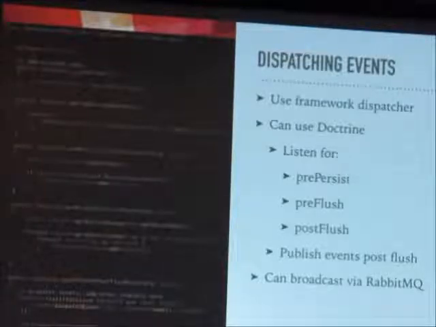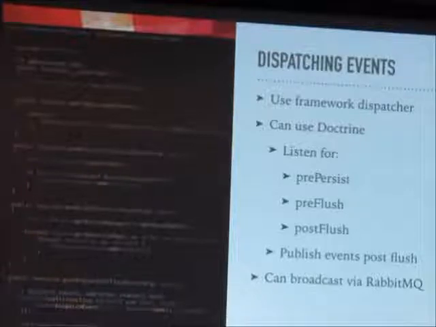The nice thing about doing it through Doctrine is that when we dispatch the events in the post-flush, everything's been committed. The whole unit of work at this point is closed. So all the data has been successfully persisted to our data store. When these events are fired, anything that then loads that information has the current state.